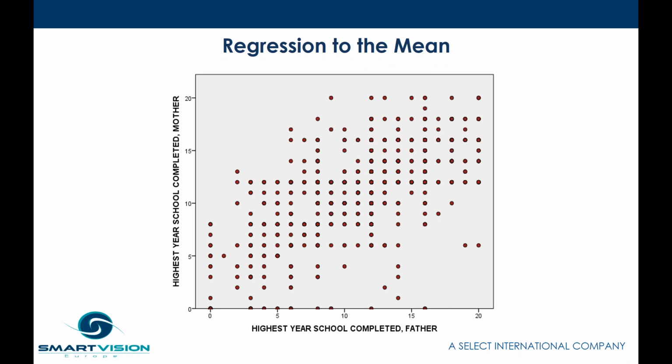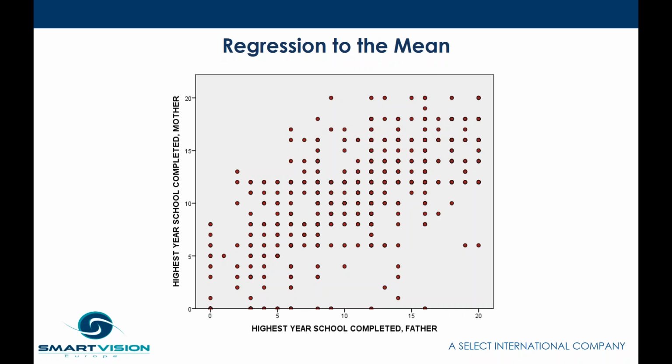Now, the term regression itself is shortened from the term regression to the mean, which means falling back, coalescing, if you like, towards an average. So here we have an example of a very simple relationship between the highest year of school completed by a respondent's father and the highest year of school completed by a sample of respondents' mothers.